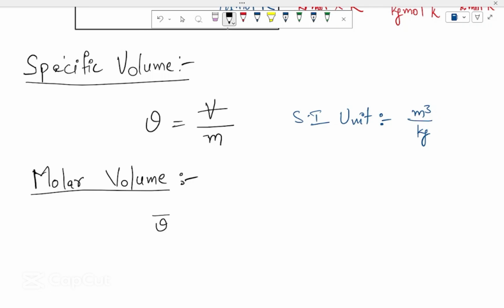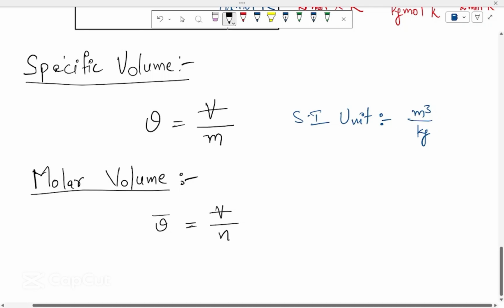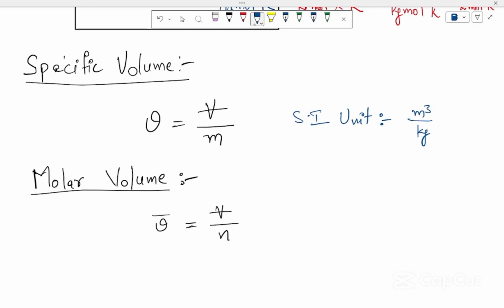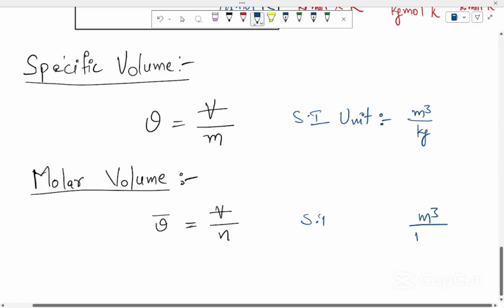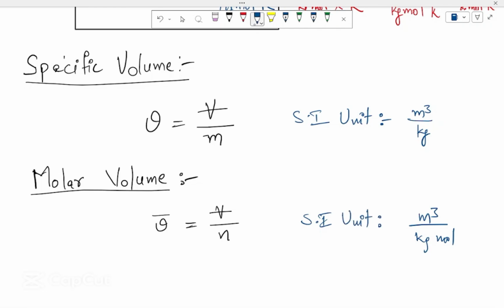It is taken as volume divided by n, n meaning the number of moles. So the SI unit here will be meter cube per kg mole, which is the SI unit for the molar volume. This definition also must be known at this level.